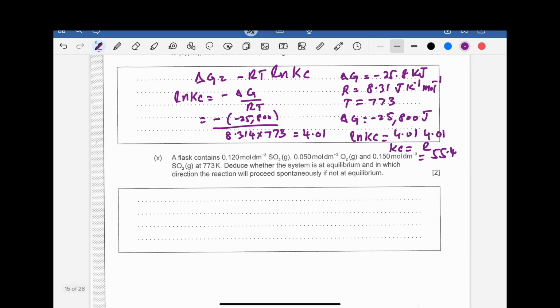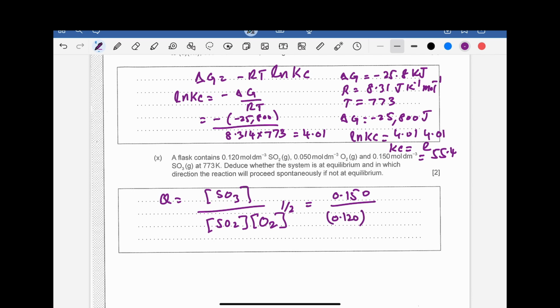Next part: a flask contains 0.120 mole per dm cube sulfur dioxide, 0.050 mole per dm cube oxygen, and 0.150 mole per dm cube sulfur trioxide at 773. Deduce whether the system is at equilibrium and in which direction the reaction will proceed if not at equilibrium. So let's write down the quotient. Q is equal to the molar concentration of SO3 divided by the molar concentration of SO2 times the molar concentration of O2 to the power half. Substituting these values, we have 0.150 divided by 0.120 times 0.050 to the power half.